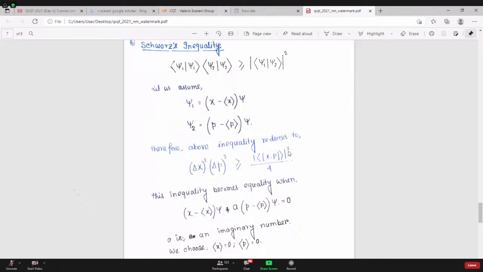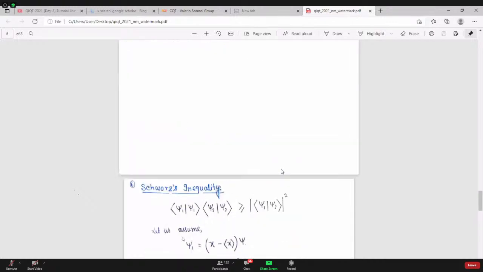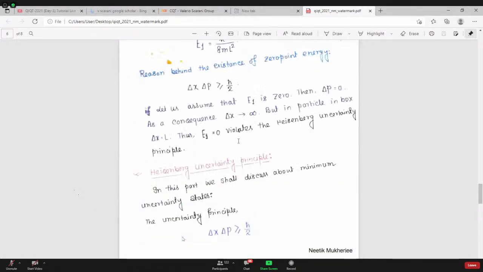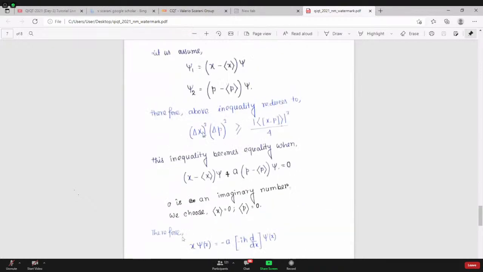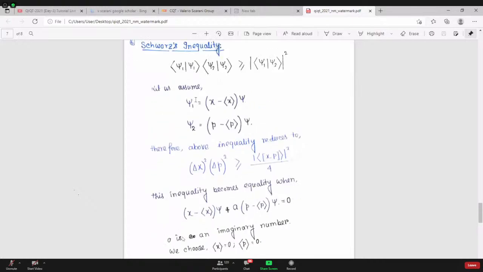So this expression will give you this, and we know that the commutator of x and p is always i h cut. That means if you replace this by i h cut, it will lead to the expression we have taken initially, this form. So now we know that we have to get the equality relation. To get the equality, psi 1 and psi 2 have to be linearly dependent.